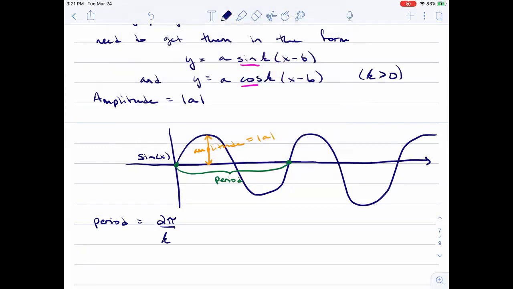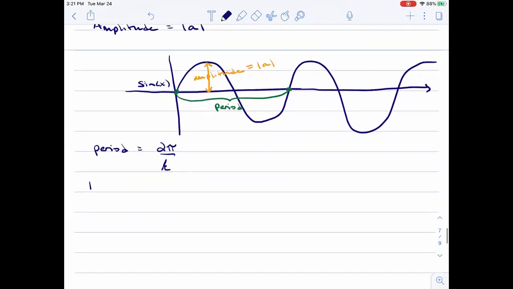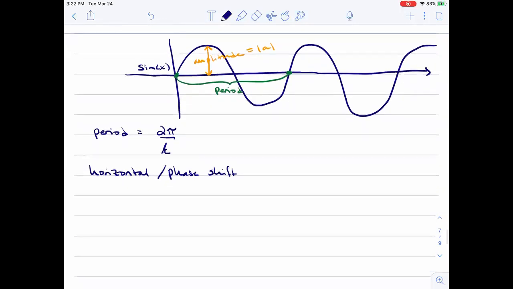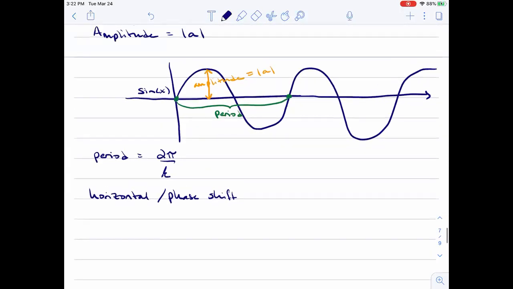And there's a horizontal shift. Horizontal or phase shift is what we were calling it, just to match the formula sheet that you have. So the horizontal or the phase shift is just how much you've shifted to the right or to the left. And so here, if you've gone from here, the phase shift is 0.